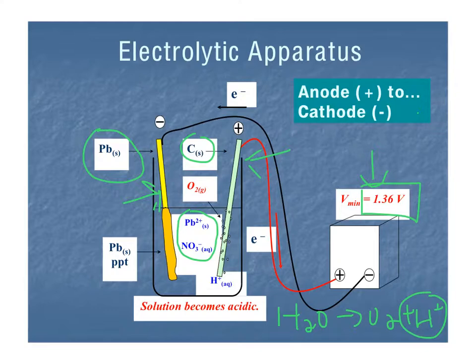Therefore, as this solution is allowed to run, the concentration of hydrogen ions will rise and the pH will drop. And lastly, we notice that the positive terminal of our battery source is connected to our anode, which is positive, and the negative terminal of our battery source is connected to our cathode, which in this case is negative.